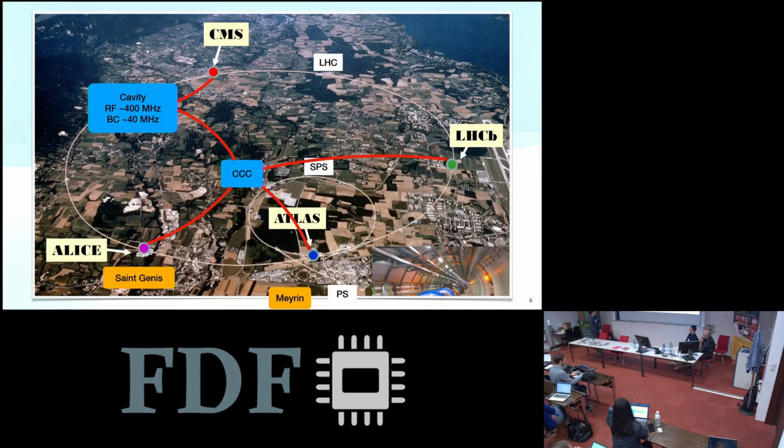This bunch clock produced in the cavities has to be distributed, traveling through fibers, to the 4 experiments and to all the thousands of endpoints inside the detectors in order to synchronize the detector electronics for the data acquisition from the collisions.